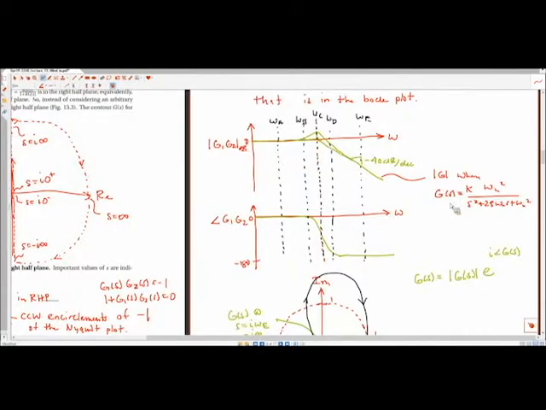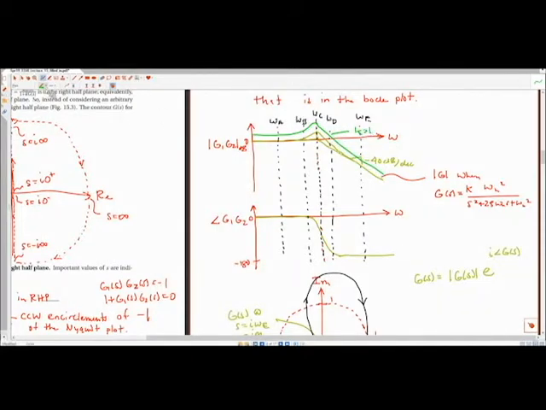So the phase plot is going to remain the same, and the magnitude plot is going to move in the upward direction. So if we have a gain greater than 1, this whole plot shifts upwards. So this would be K greater than 1.